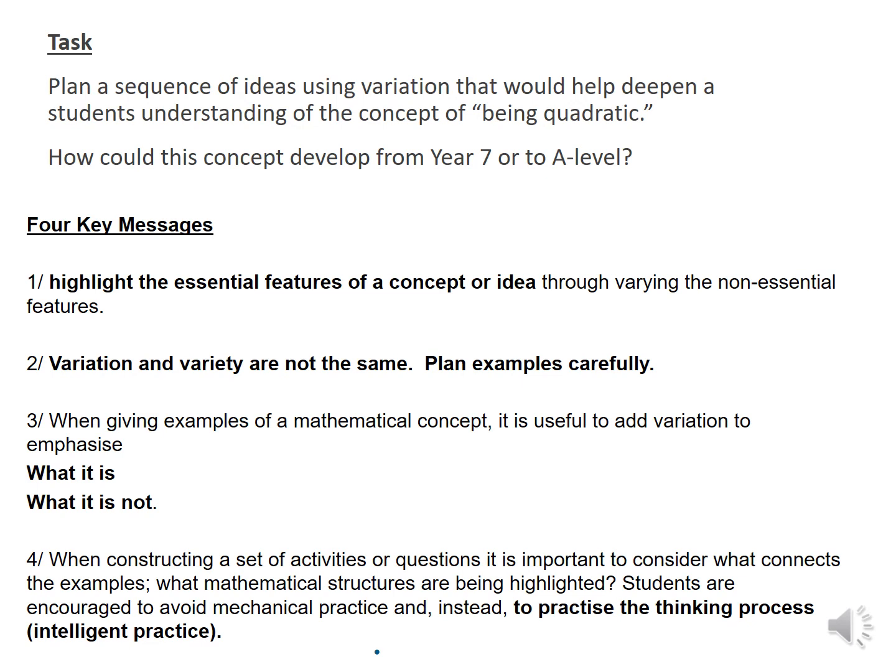Quite a general, open term. How could this concept develop from year 7? If you teach A-level or A-level further maths, the idea of being quadratic is very much embedded in that curriculum also. So find something that's appropriate for students that you teach on what is it to be quadratic. Pause now.